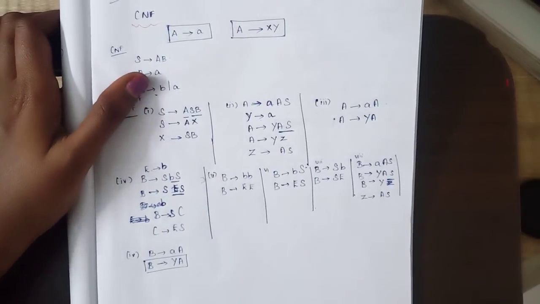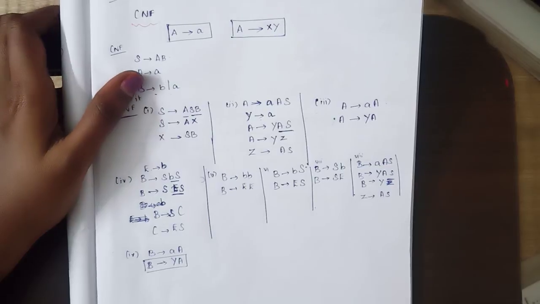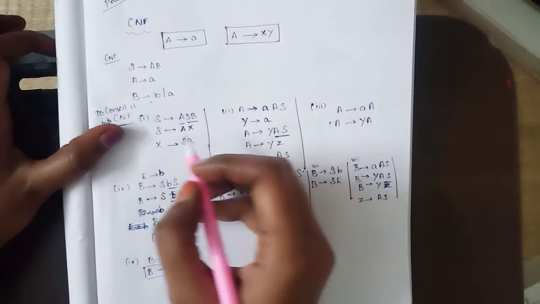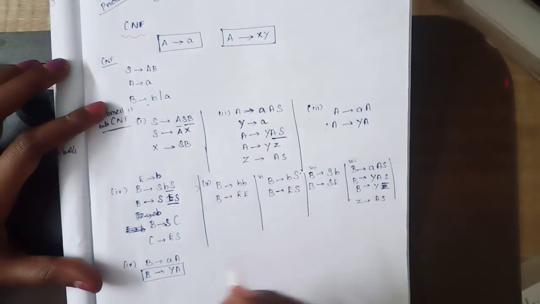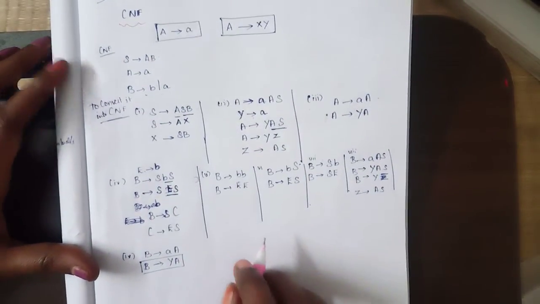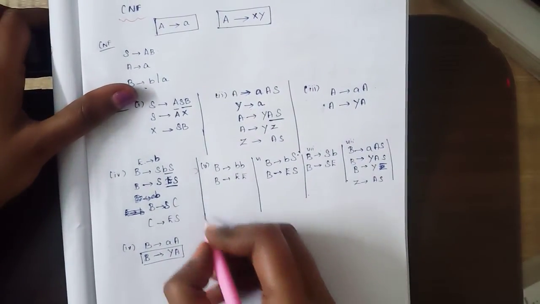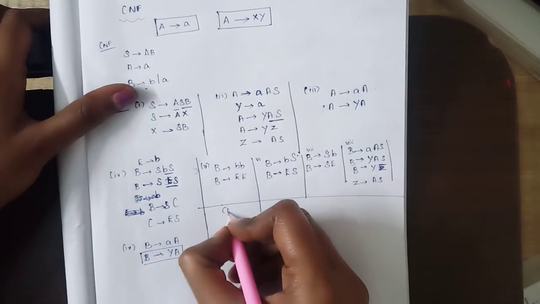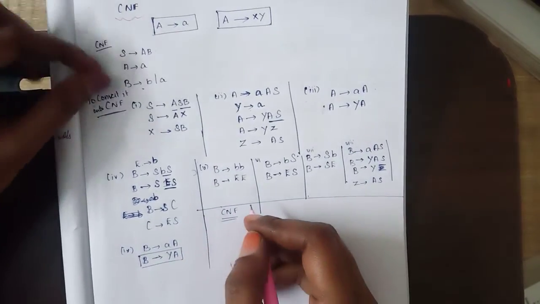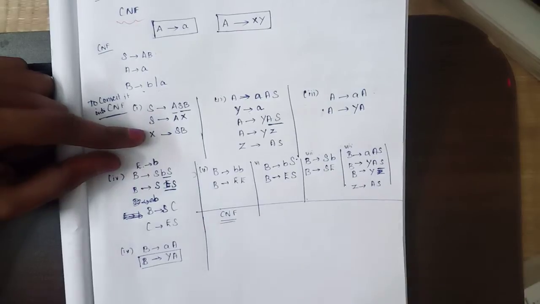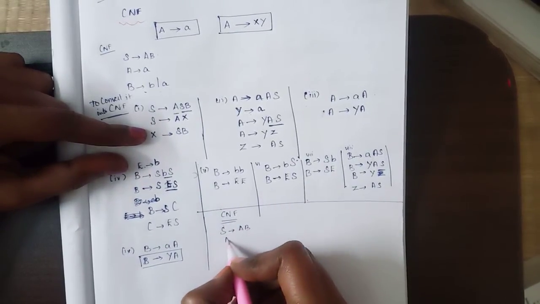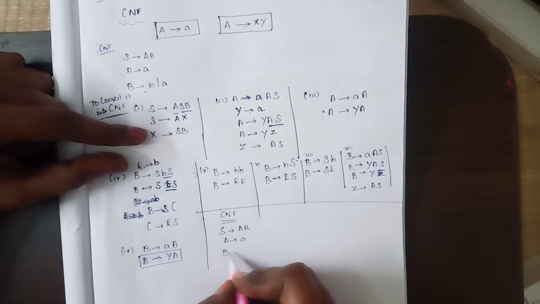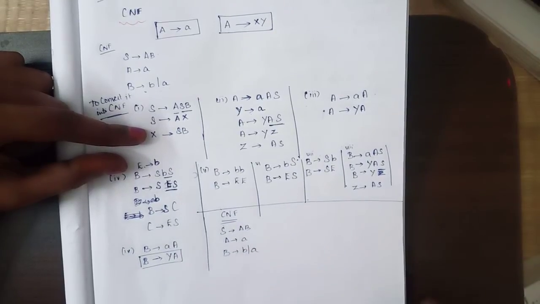So now when we look at the grammar over here, we have to take all the results and put them in consolidation. So when we see this CNF grammar over here, we'll have S tends to AB, A tends to a, B tends to b.